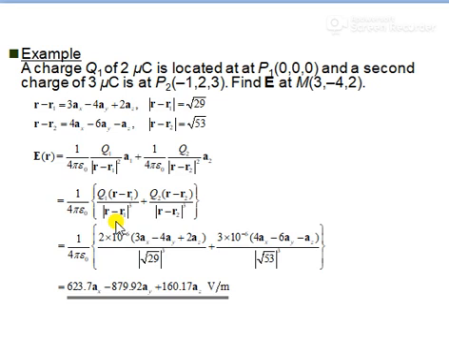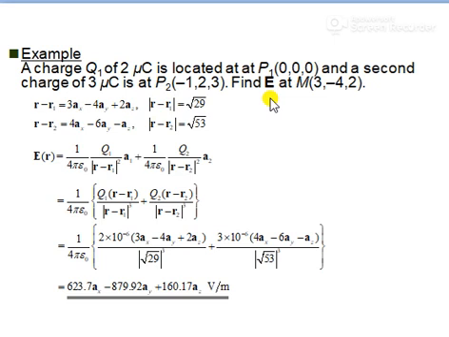Lastly, we will see one problem. Here the charge Q1 of 2 microcoulomb is located at P1, 0 0 0, and a second charge of 3 microcoulomb at P2, minus 1 2 3. Find E at M, that is 3 minus 4 2.